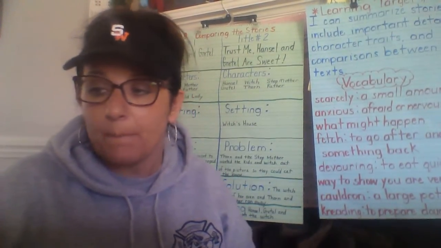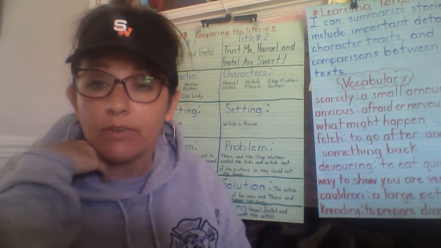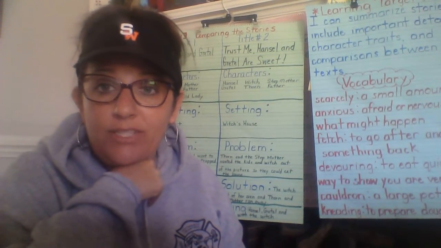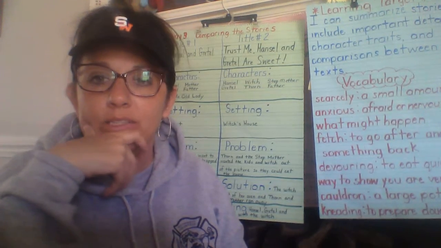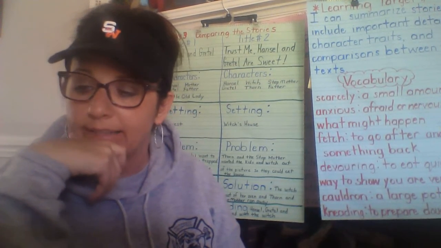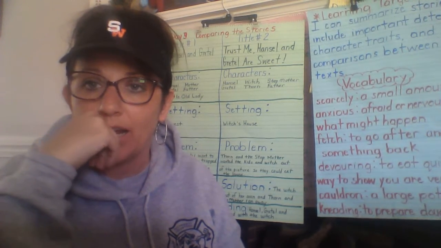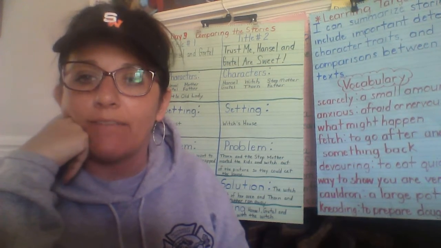Now, when you think of the word clever, a synonym for clever is smart. So when somebody is clever, they make good decisions and they're using their minds. Thinking of Hansel and Gretel, what are some ways that Hansel and Gretel were clever in the story? Think about that for a few seconds. Clever, how were they clever?